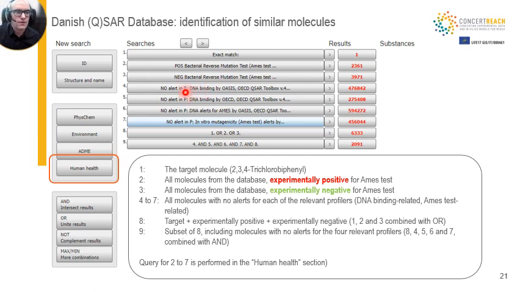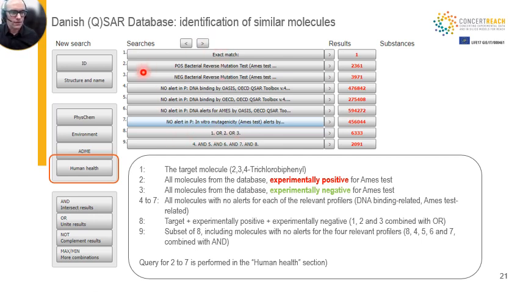Then we search for the 4 profilers, so the 2 for mutagenicity and 2 more general mechanistic ones for DNA binding in general. Since our target, as mentioned, has no alert, we search all molecules with no alert for these profilers. And then we went on by merging the searches.